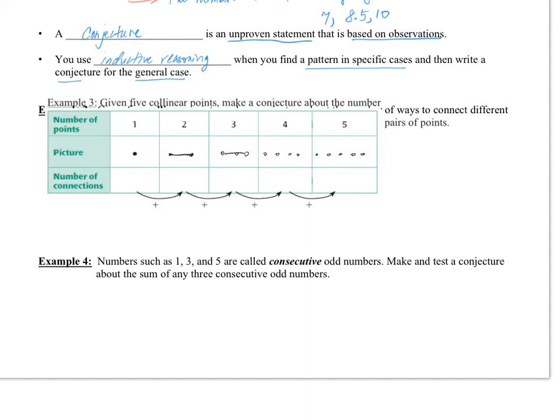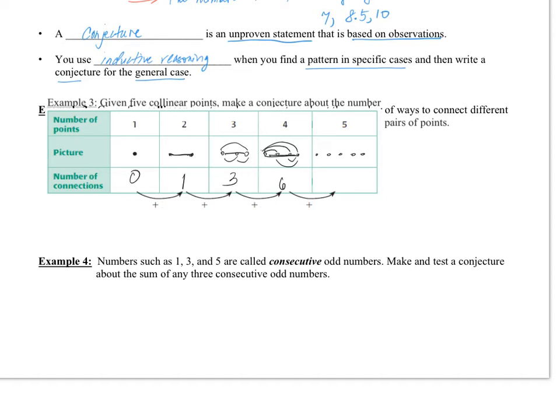If I have 3 points, 1, 2, 3. 4 points, I could do 1, 2, 3, 4, 5, 6. So let me write these numbers down.